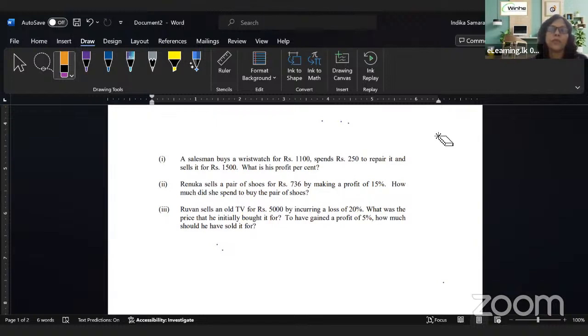How much did he spend to buy the pair of shoes? කොහොමද අපි ඒක හොයන්නේ?